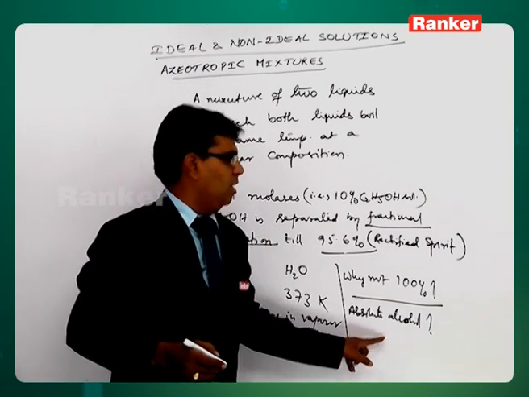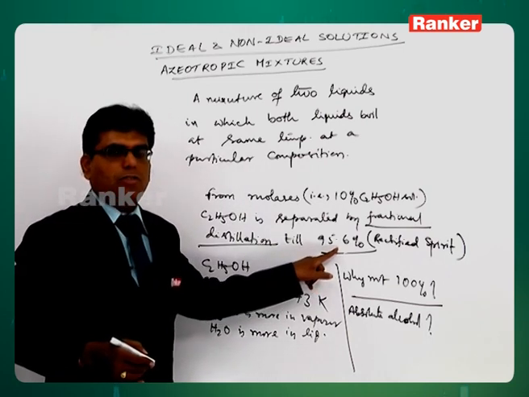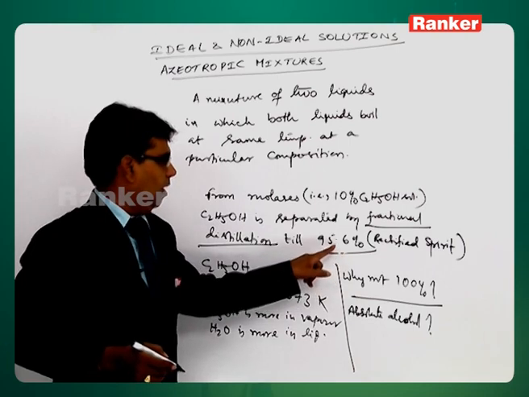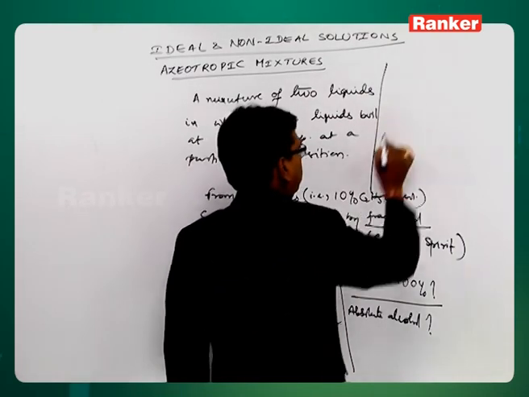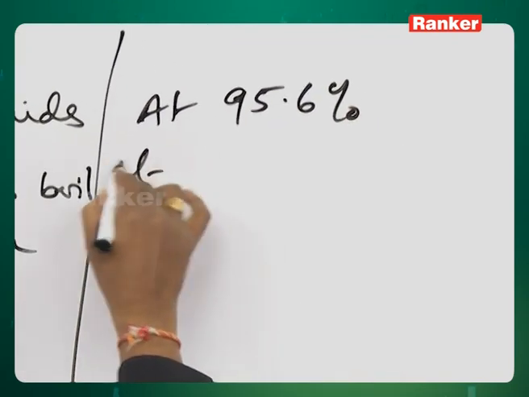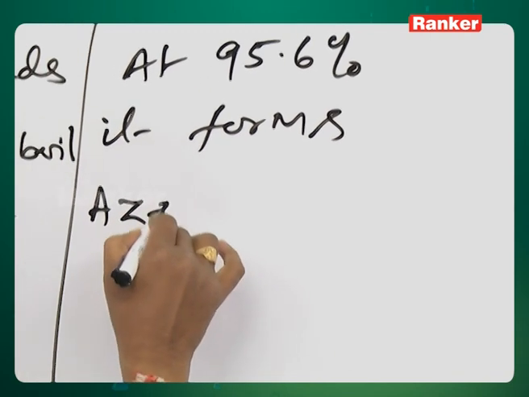What is the reason? The reason is that when ethyl alcohol composition raises to 95.6%, then at 95.6% it forms an azeotrope.